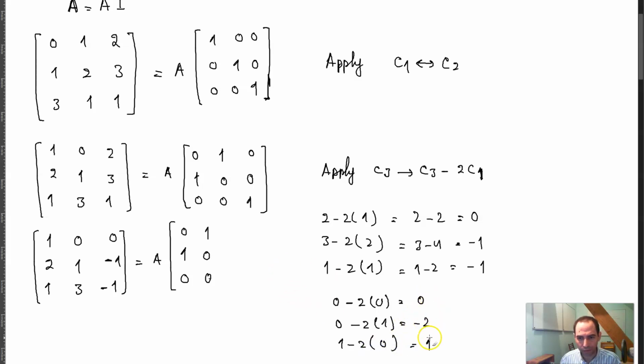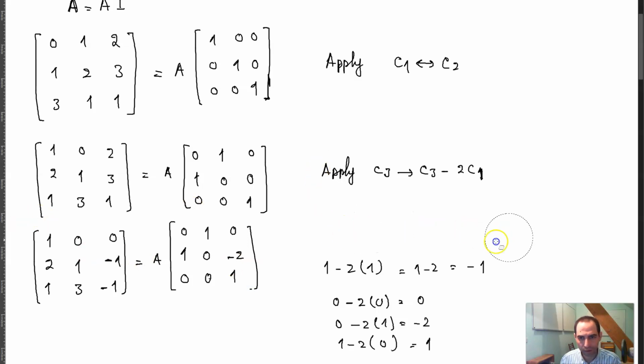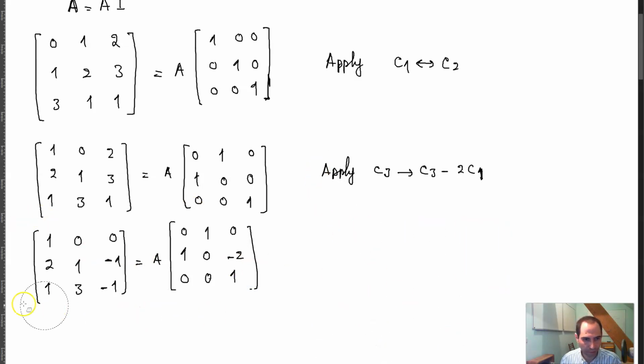So that becomes 0 negative 2, 0 negative 2 1, and that is basically this step.